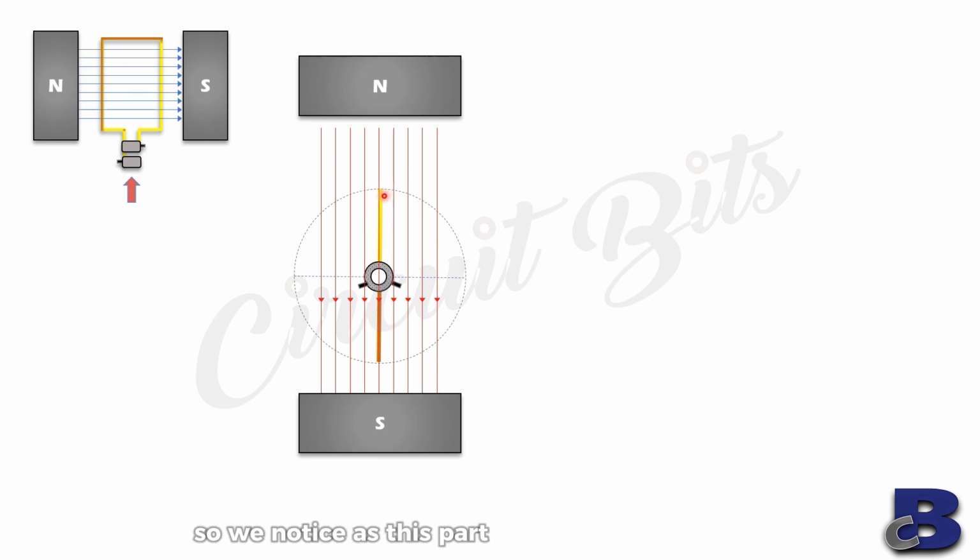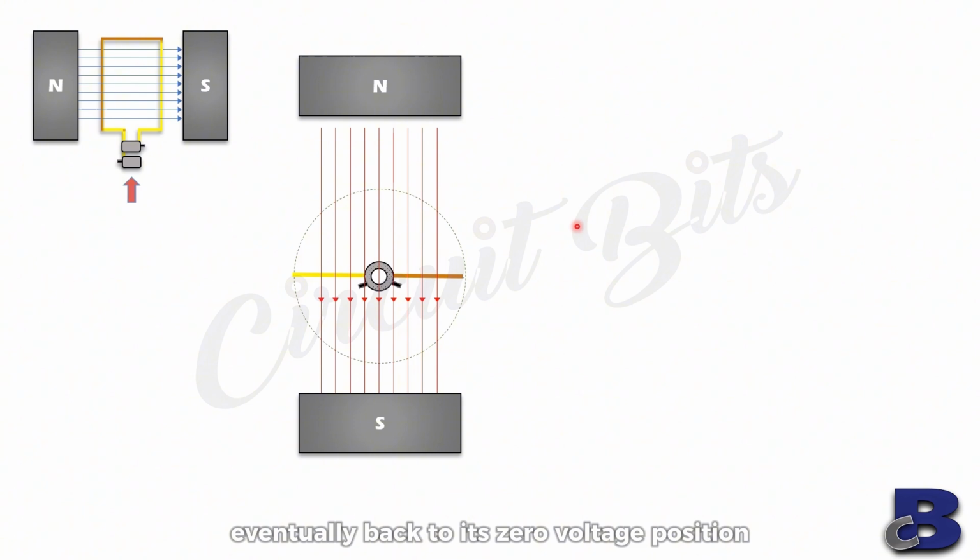So, we notice as this part of the coil cuts upwards, this other part cuts downwards. From the right-hand rule, we can tell current flows outwards from this part of the coil and inwards for this part. The coil continues rotating, and the induced voltage begins to drop, and the coil gets to the 180 degrees position, eventually back to its zero voltage position, but with the sides swapped at this point.